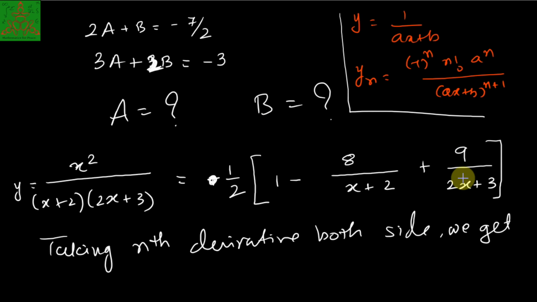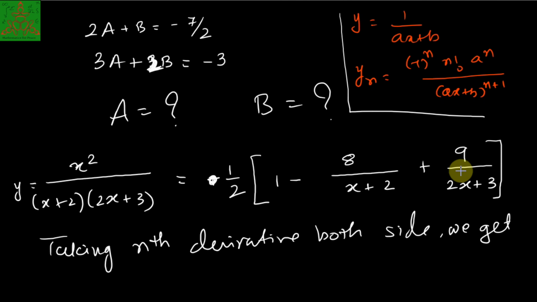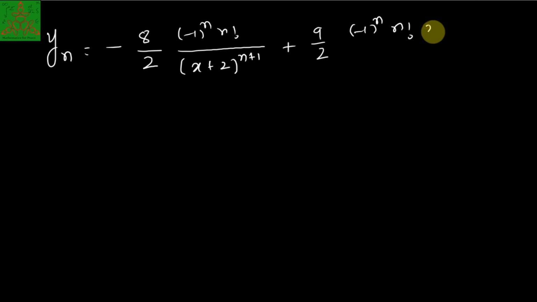Next it is 9 by 2, so plus 9 by 2, minus 1 raised to n into n factorial, again by this formula, but here a is 2, so that's why it is 2 power n upon 2x plus 3 power n plus 1.